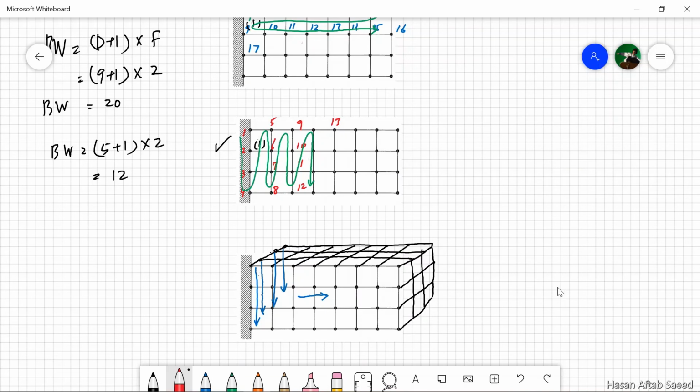By the way, if you are wondering about this F in the formula, you must realize that for 1D problems, the degrees of freedom of the problem is equal to the number of nodes.